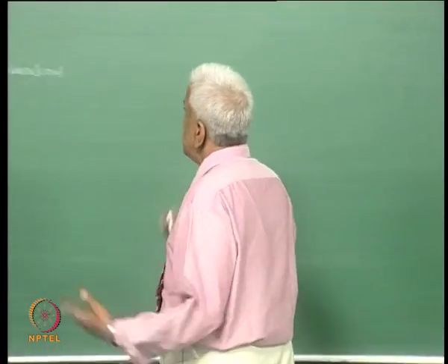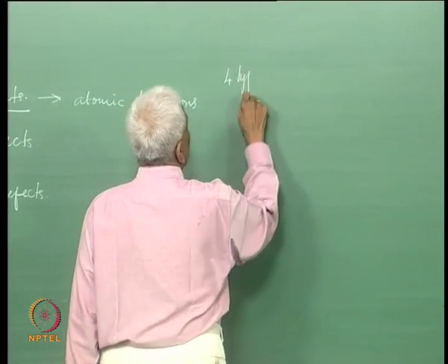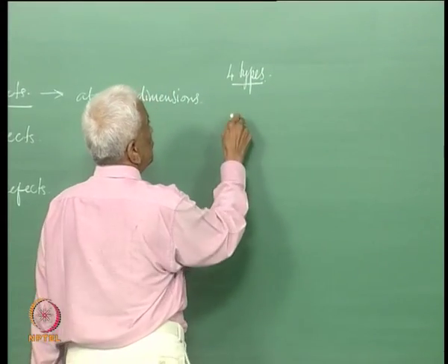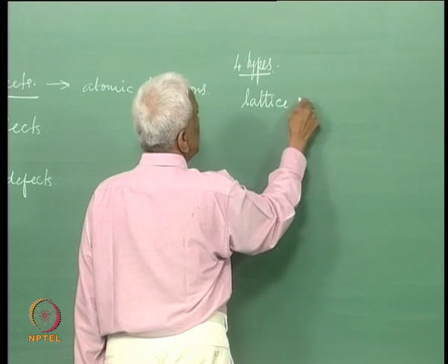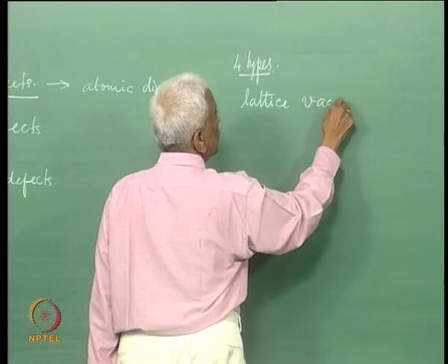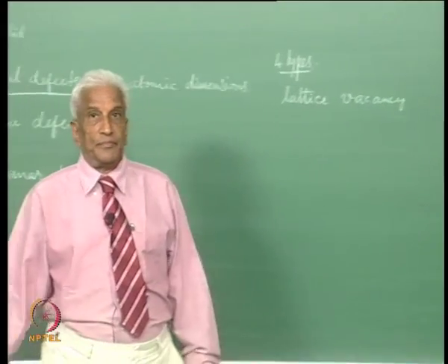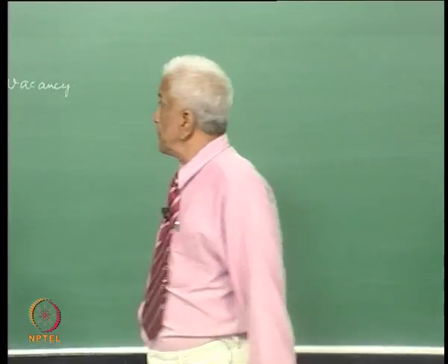We can think of basically 4 types of point defects as follows: a lattice vacancy, which means that an atom or molecule which is supposed to be in a lattice site is missing and a vacancy is created in its place.